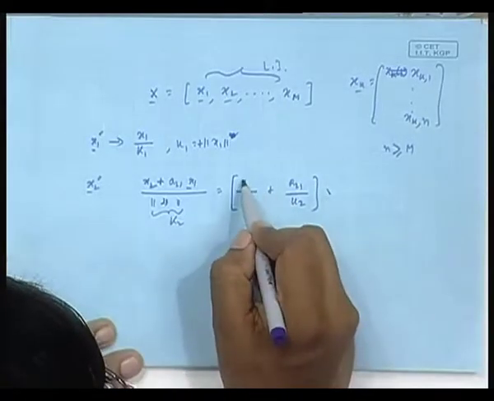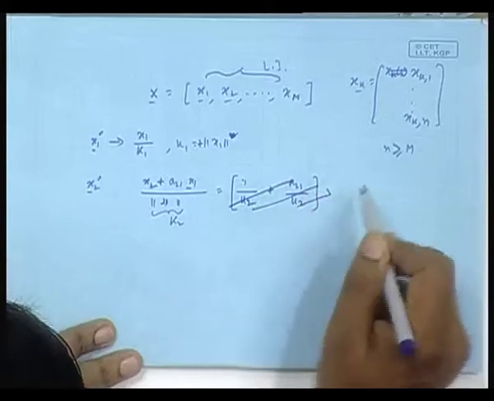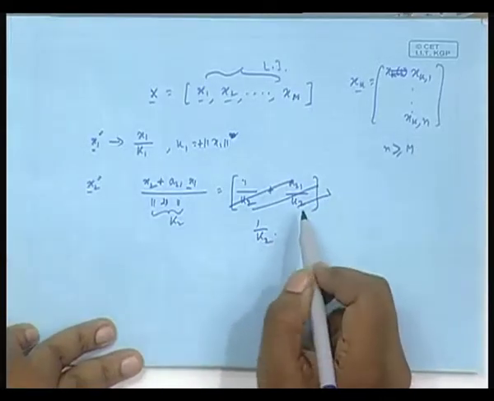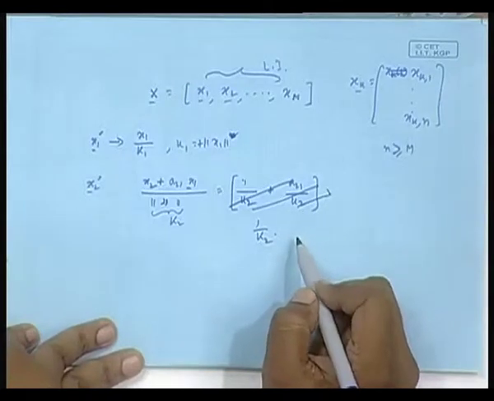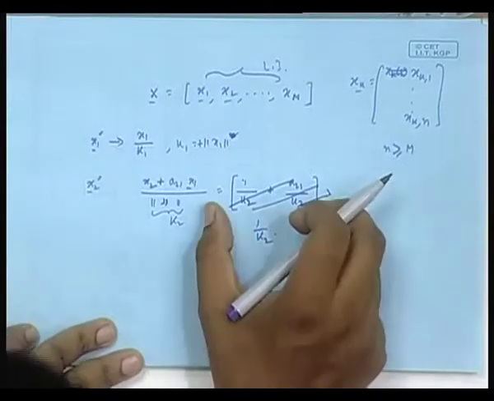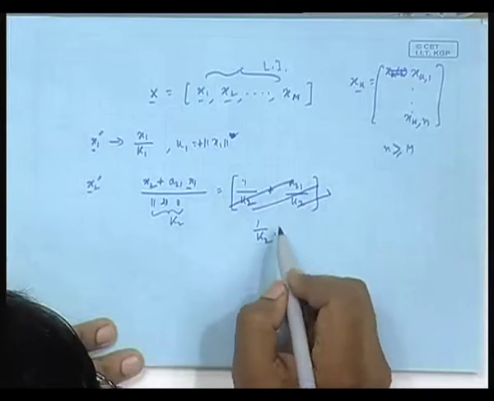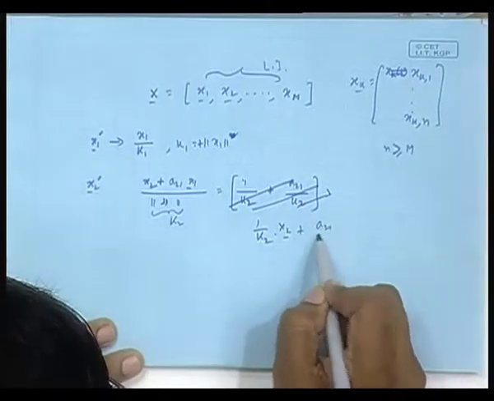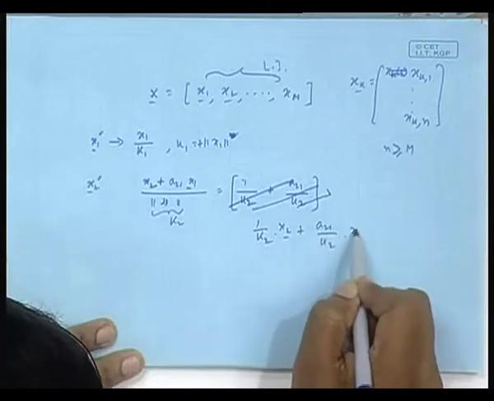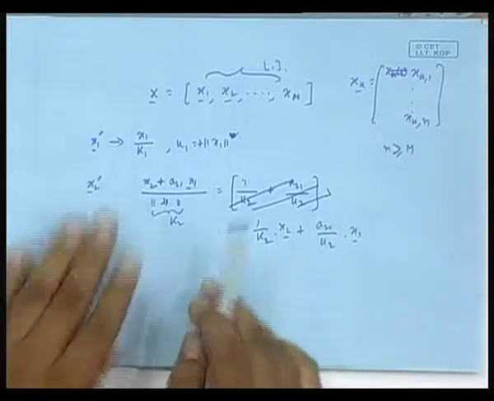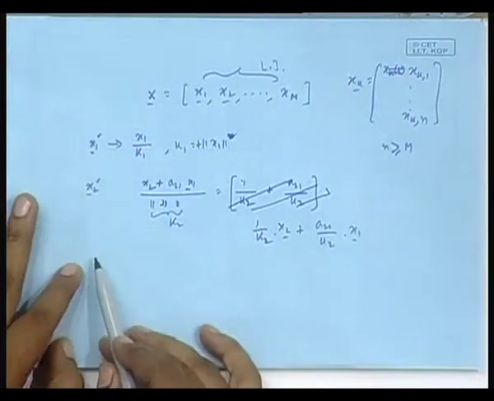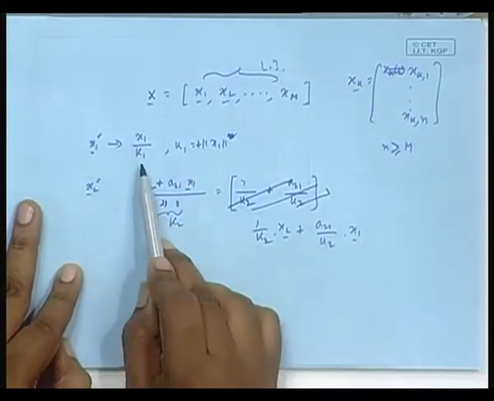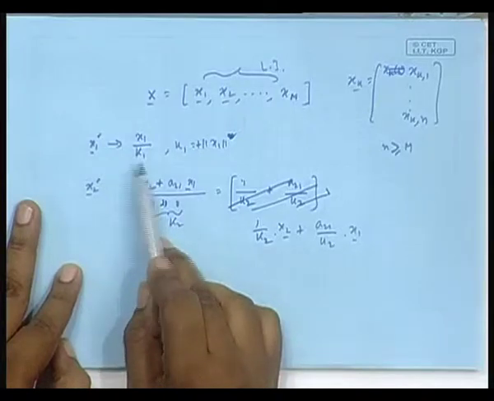sorry, not this way. I immediately saw a frown from Joydev, how can I put them in the same bracket? Yeah, I will not do that: x 2 and a 2 1 by k 2 into x 1. See the structure, first see these two, I will do one more and then you will get the pattern. x 1, I had x 1 just divided by k 1, that gives you this.